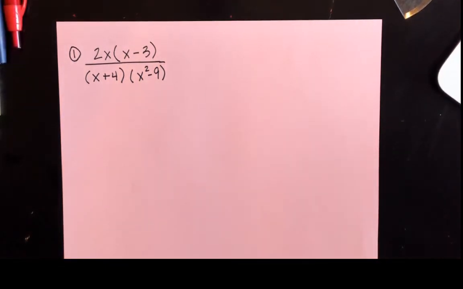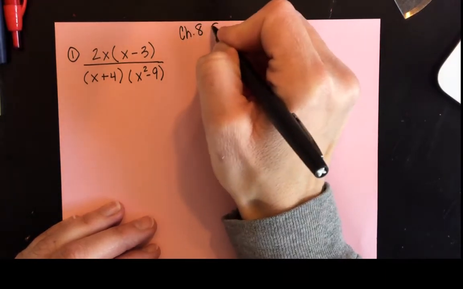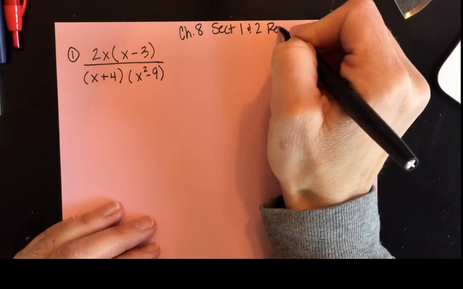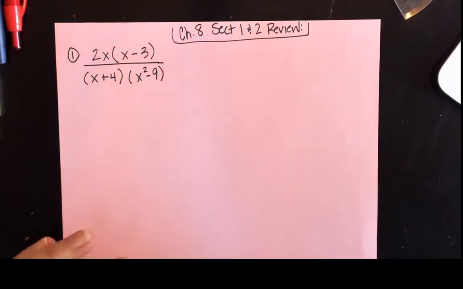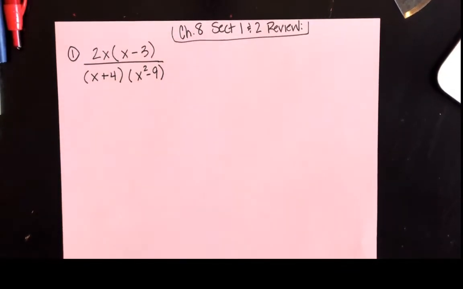And this particular question from our chapter 8, section 1 and 2 review specifically asks, where is it undefined? So we did talk about only having to worry about our undefined terms if we're asked. So right away, the first question concentrated on this. So where are the terms undefined?